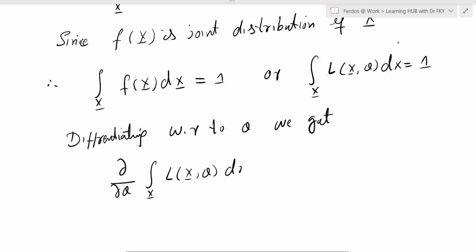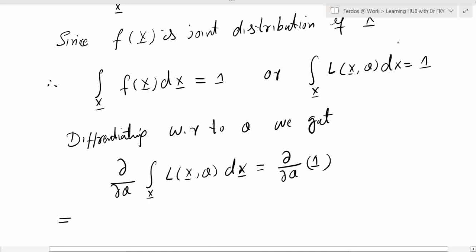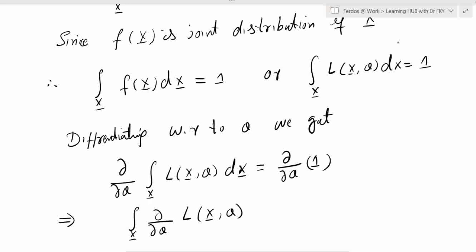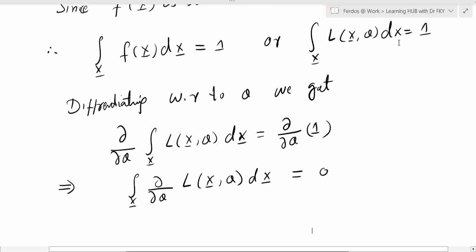The partial derivative with respect to theta of the integral of L(x, theta) dx is equal to the partial derivative with respect to theta of 1, which is equal to 0 because this is a constant.